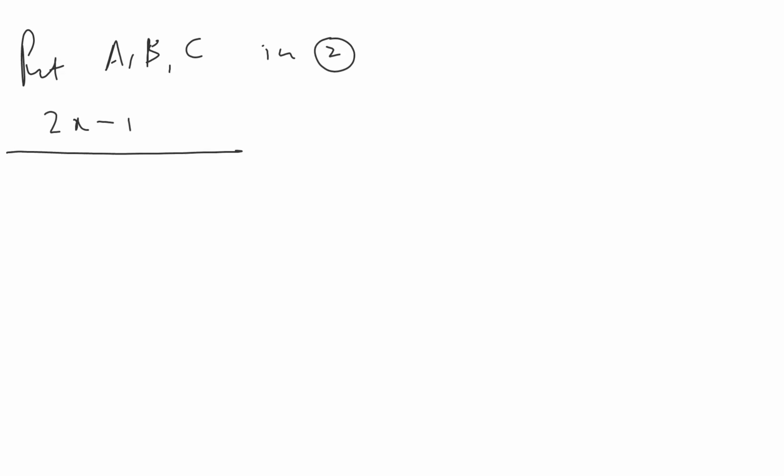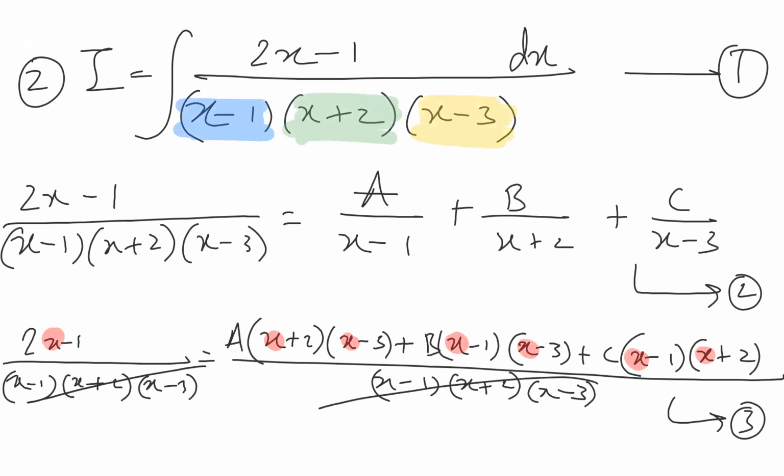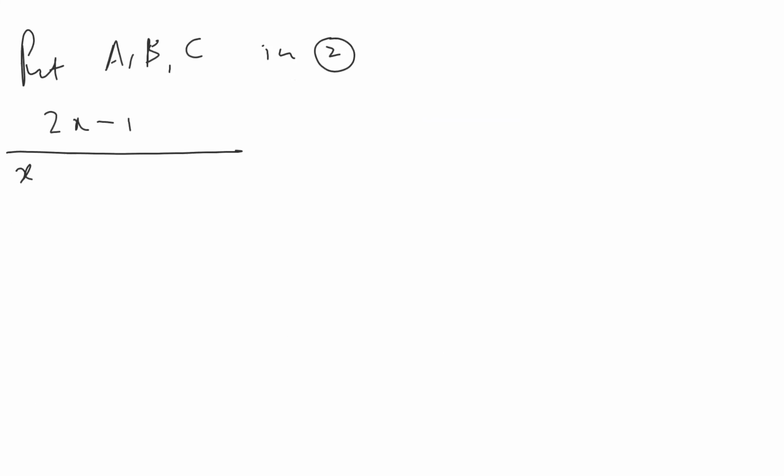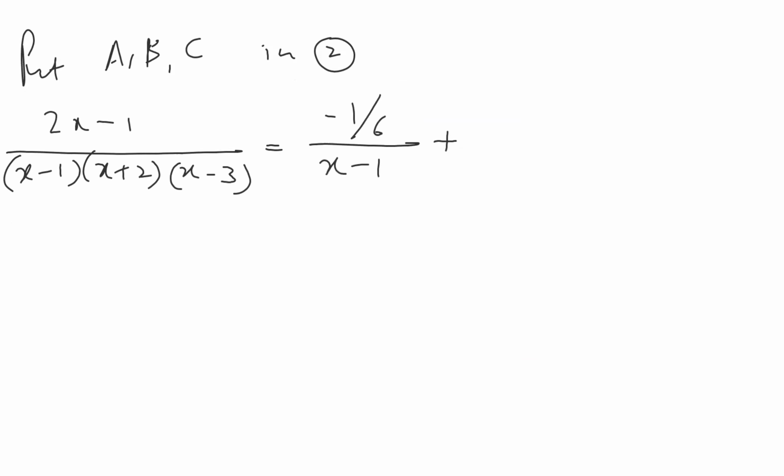Next step, put the values: 2x minus 1 upon x minus 1, x plus 2, x minus 3 is equal to a, the value of a is minus 1 by 6, minus 1 by 6, x minus 1, plus b.